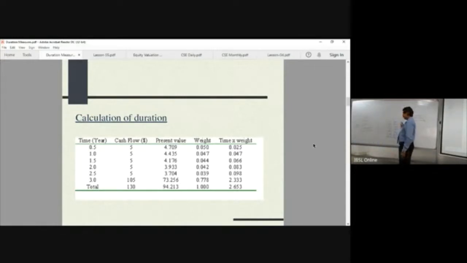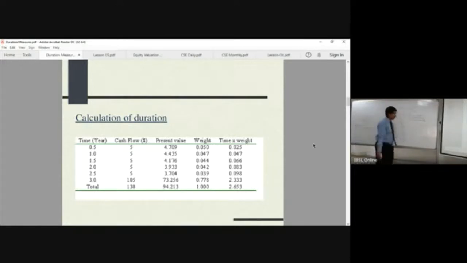This one, what is the multiplication? 0.02. 0.04. 0.056. 0.07. 0.085. 0.436. With the total, what is the value? 2.707.